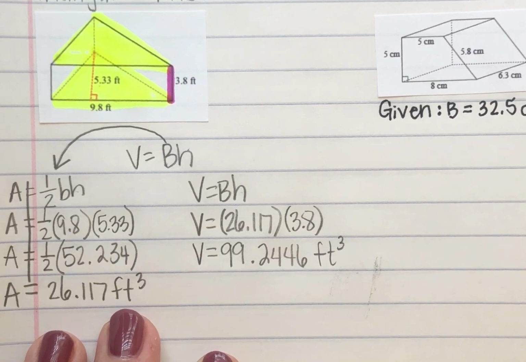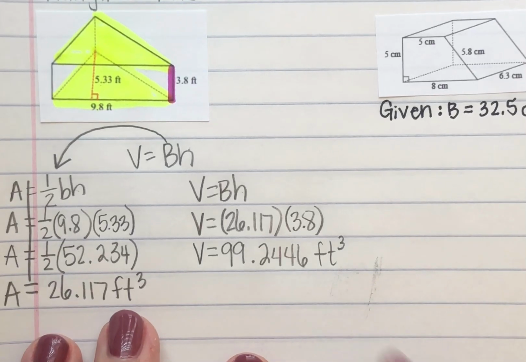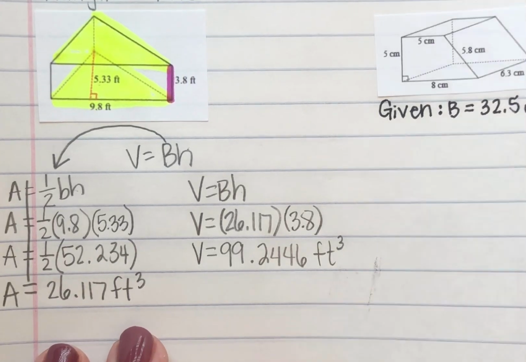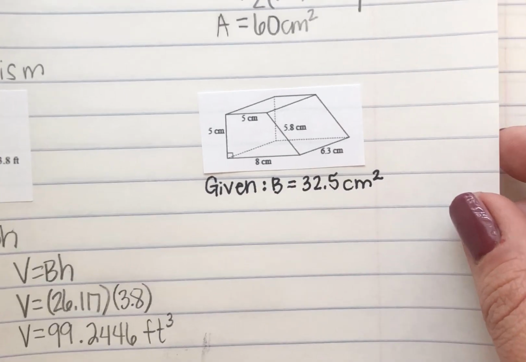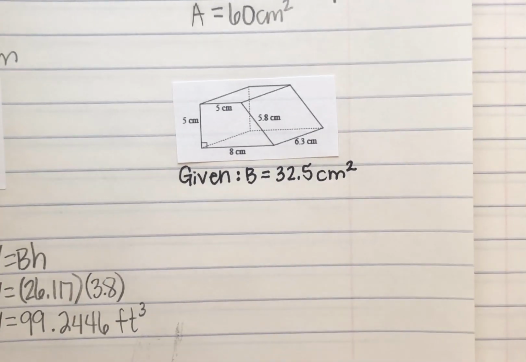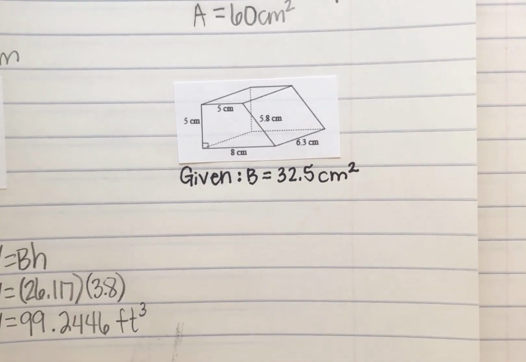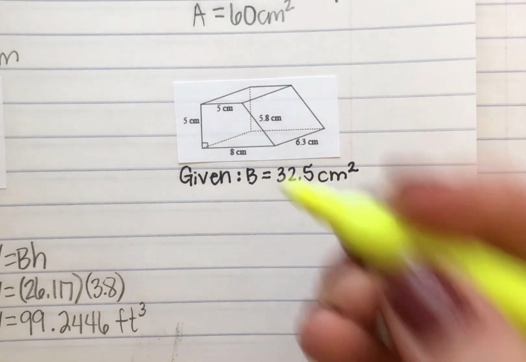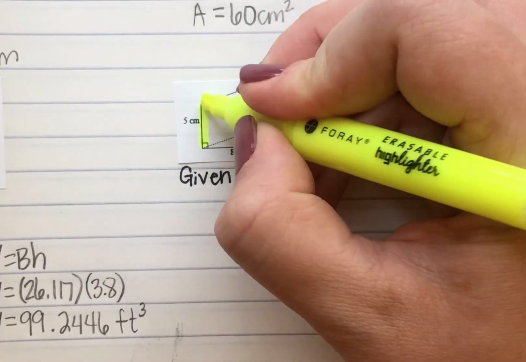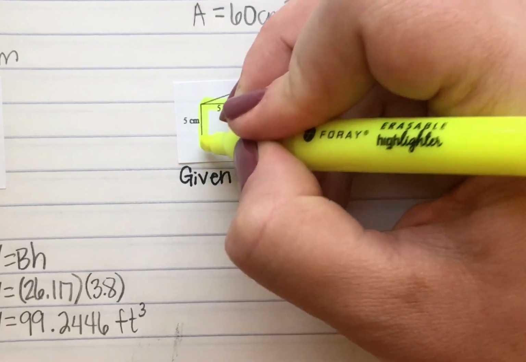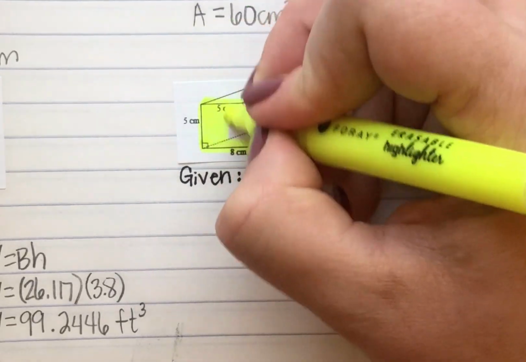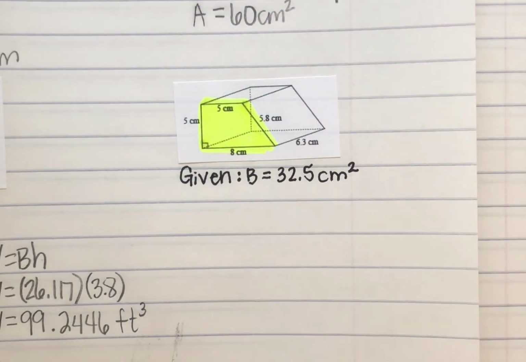All right, so let's go to the very last one. Just really quickly, we're gonna go over here to our last example. And if you'll notice, this one's kind of a different shape. It has our handy dandy base.